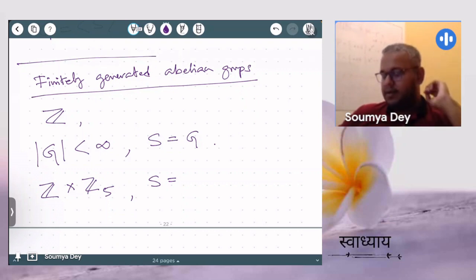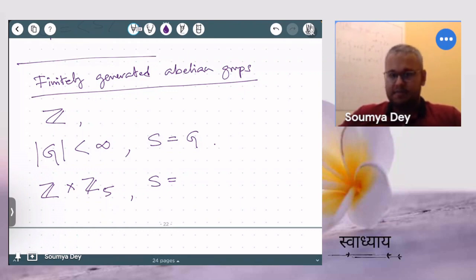So any direct product of any two groups, that is generated by... If you have two cyclic groups, say G1 and G2, and you take direct product, you know that there is some element, say A, which generates G1, and there is some element B, which generates G2. If you take (A, identity) and (identity, B), these two elements always generate the direct product, right?